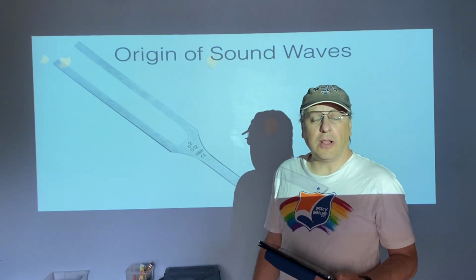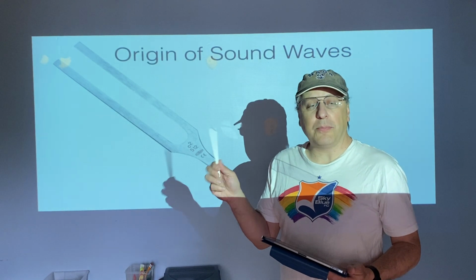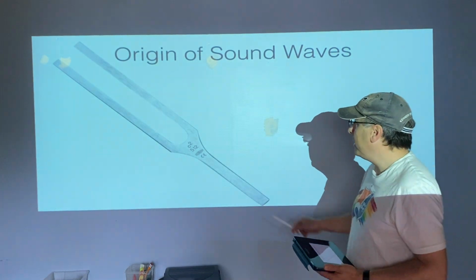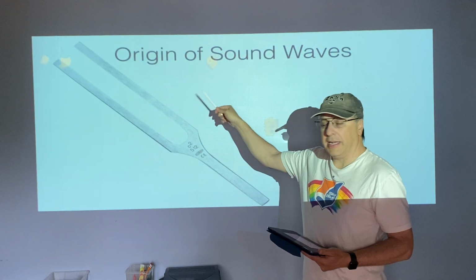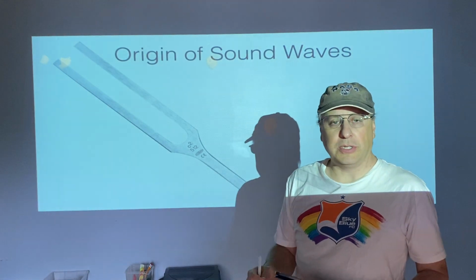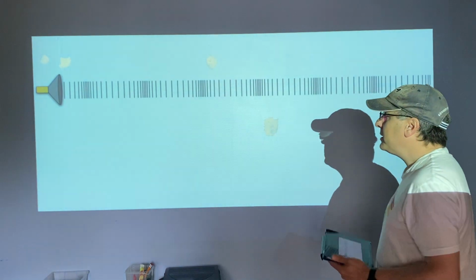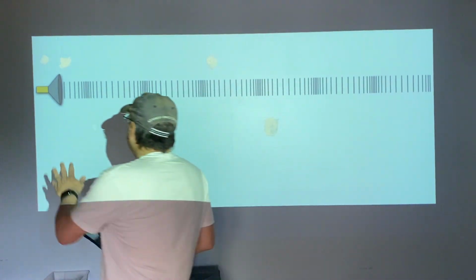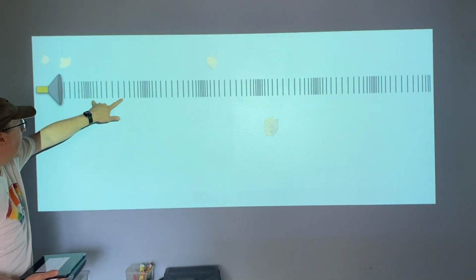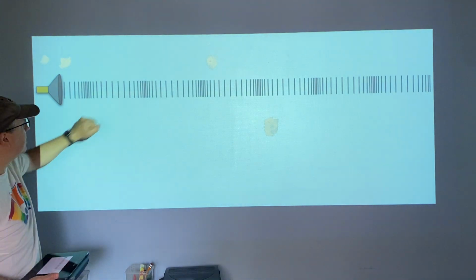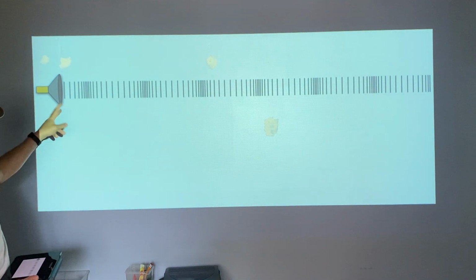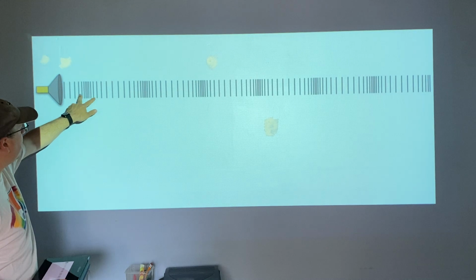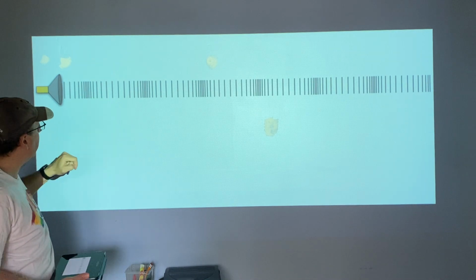Sound waves, just like all other waves, start by a vibration. So it could be something like a tuning fork vibrating, and as it vibrates, it produces sound waves. Sound waves are a series of compressions and then spread aparts for the air. So this represents the air particles being compressed and spread apart.